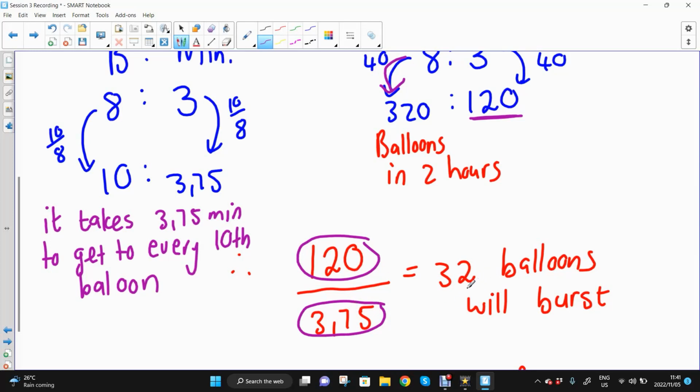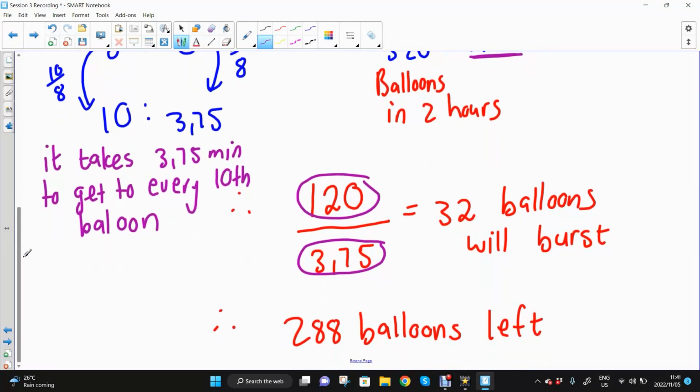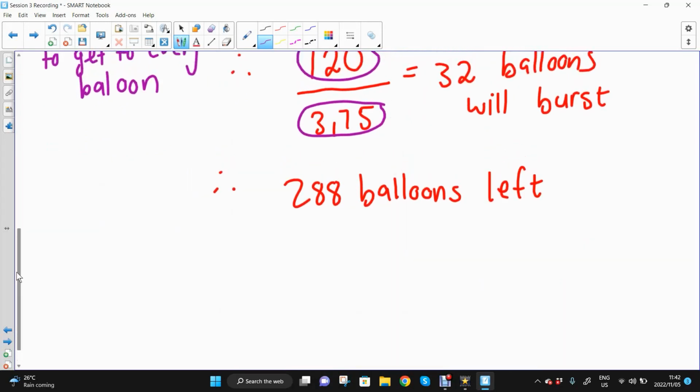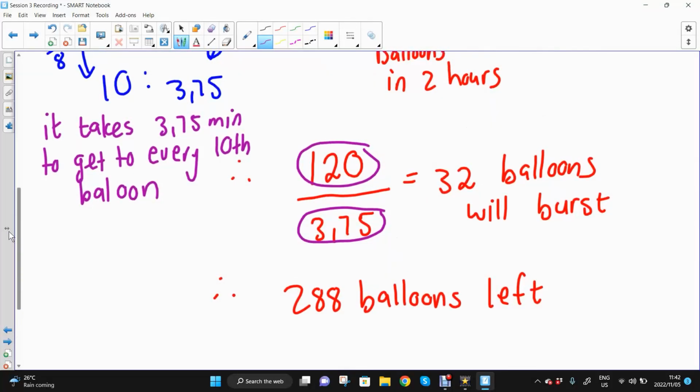This gives you the total of balloons that will burst in your 2 hours as you are blowing the balloons up. So I know that there's in total 320 balloons, but 32 of these will burst. So the amount of balloons that will be inflated at the end is 288. Very nice question.